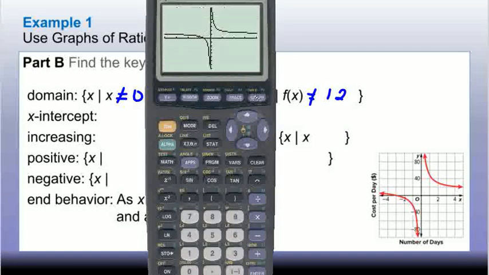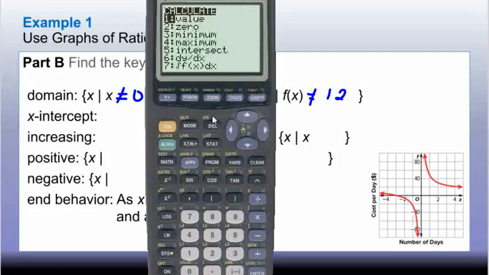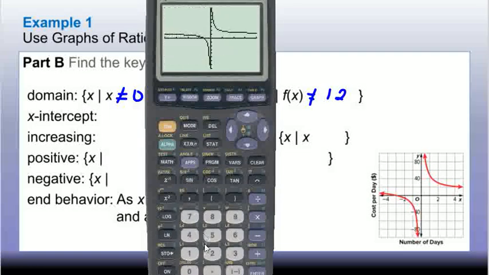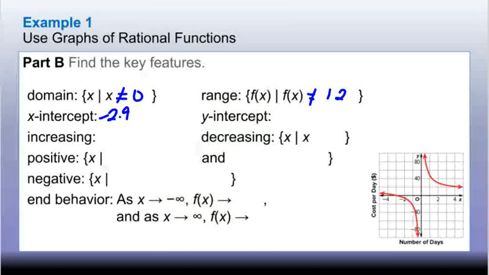If I go back to our graph, second trace, number 2, the zero, the x-intercept. Enter, go down, enter, enter again. Gives us -2.9. The y-intercept, there is no y-intercept, so none there.